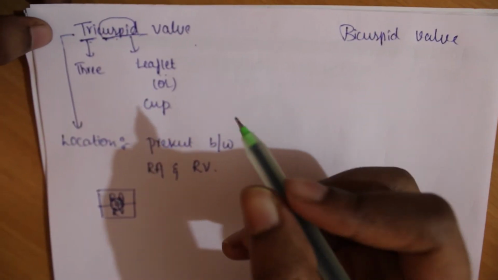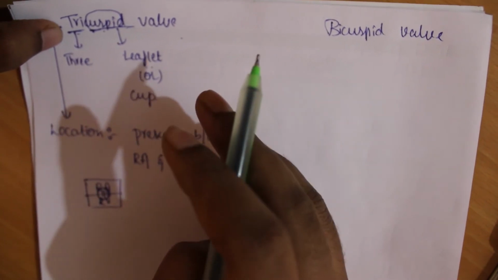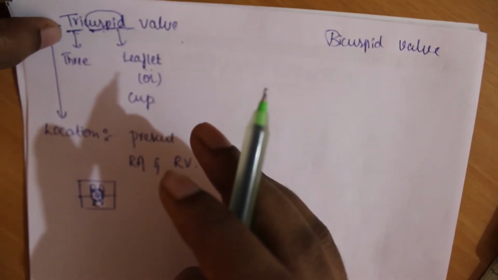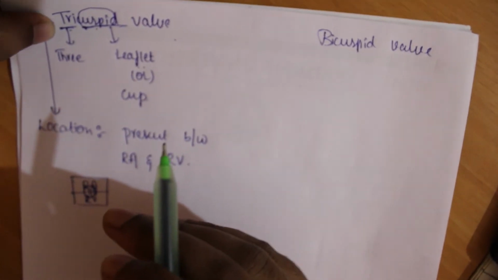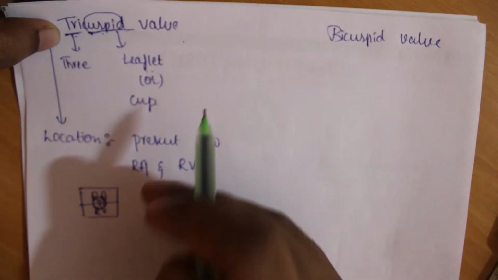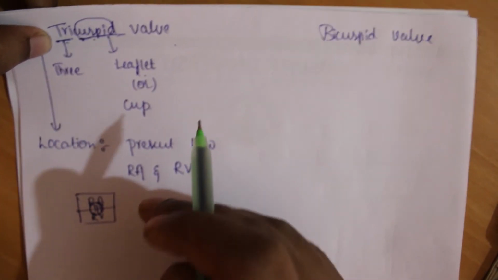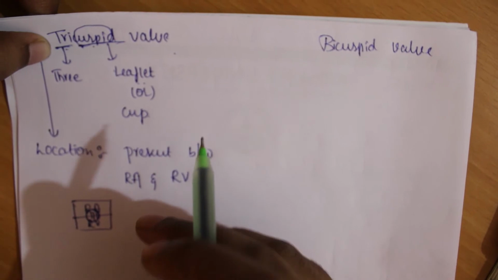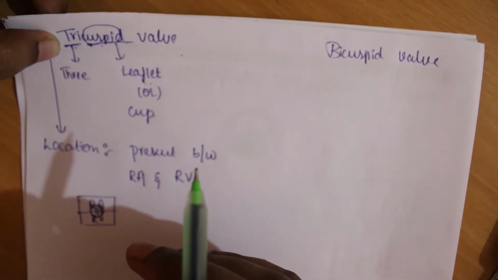The main function of the valve is to control the flow of the blood. When the right auricle is filled with deoxygenated blood, it signals the right ventricle through the tricuspid valve, and the valve can maintain the structure.